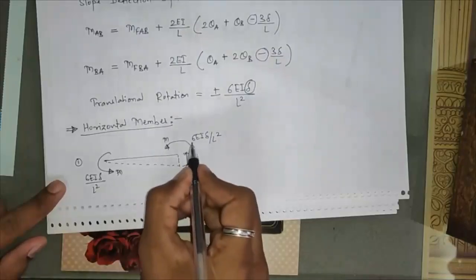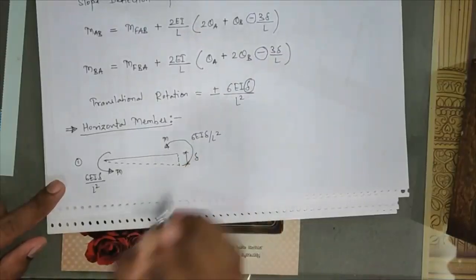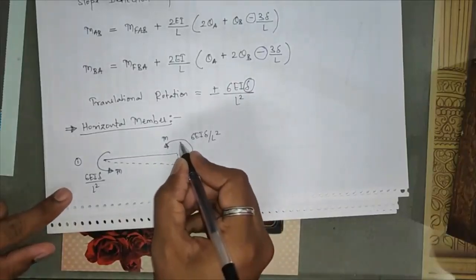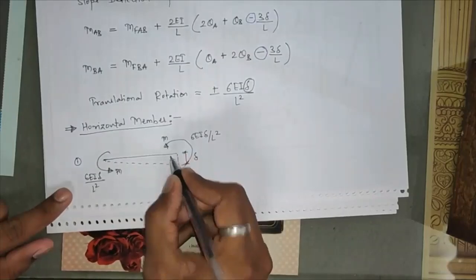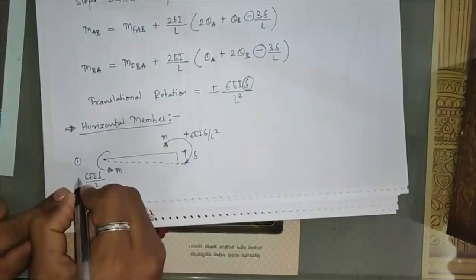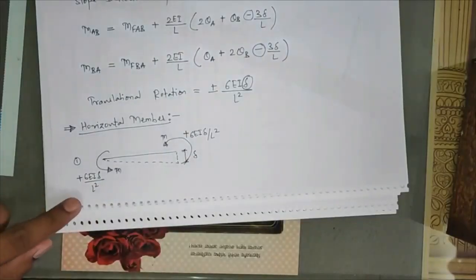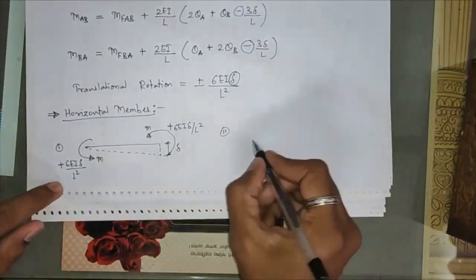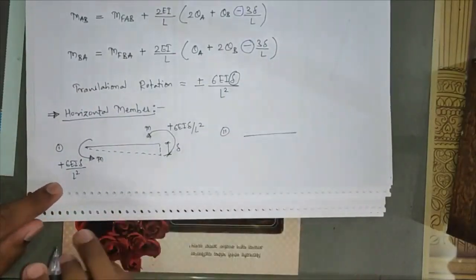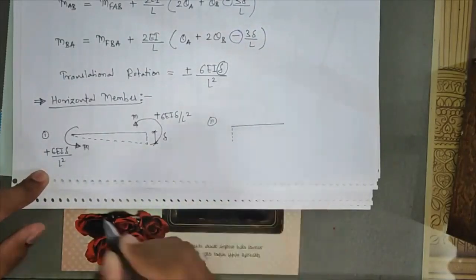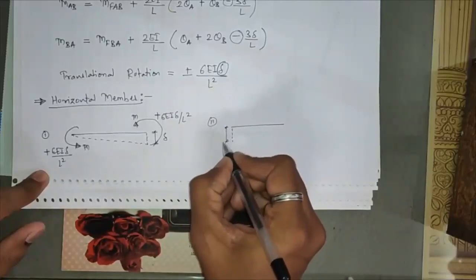Now our sign convention says that if this rotation comes in an anti-clockwise manner, treat it as positive. Let's see the second example: one horizontal member where my left end is deflecting by an amount delta.